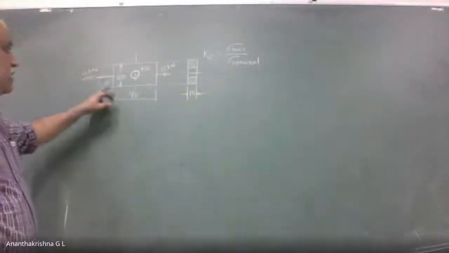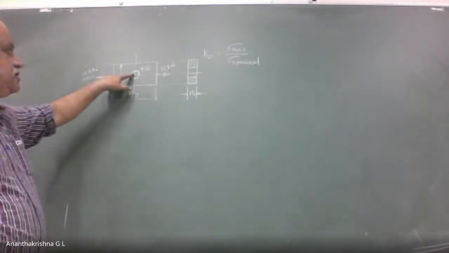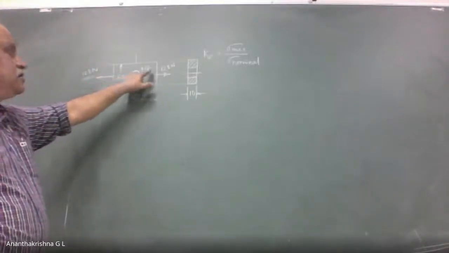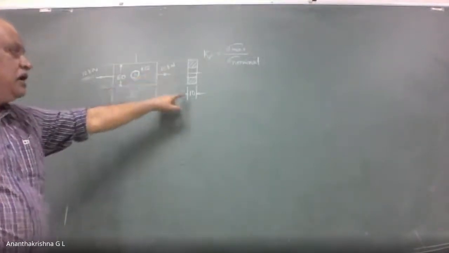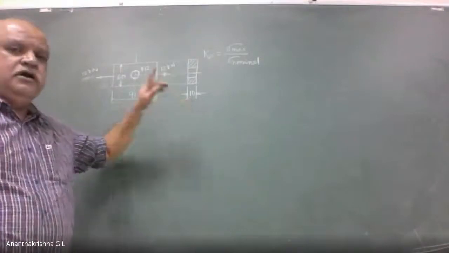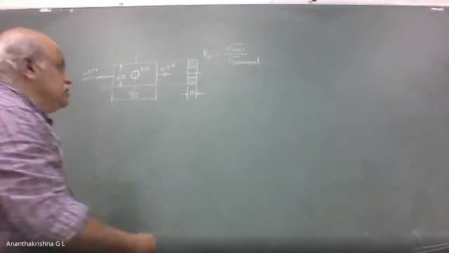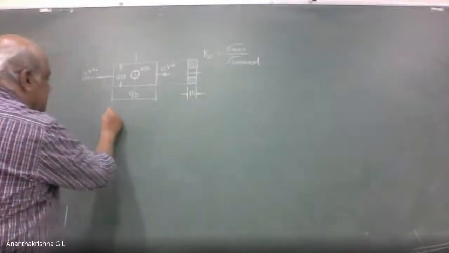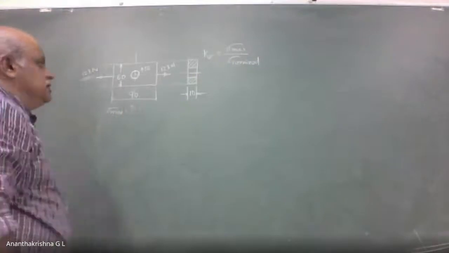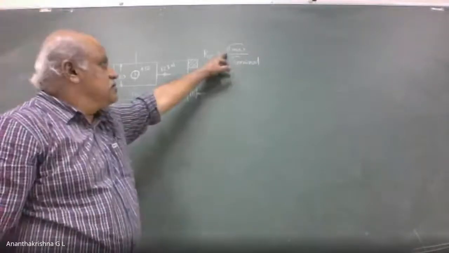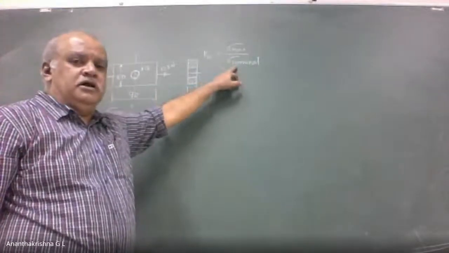This is a rectangular plate of 60 mm by 90 mm with a central hole of 12 mm in diameter, subjected to axial tensile load of 12 kN, and the plate has a thickness of 10 mm. So what we need to find out here? We need to find sigma max. We know sigma max is given by K sigma into sigma nominal stress.